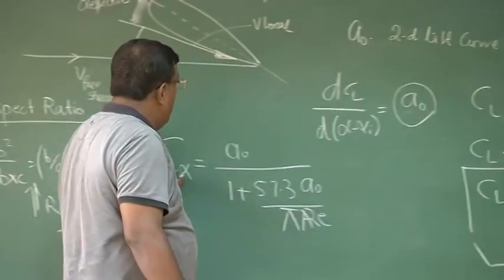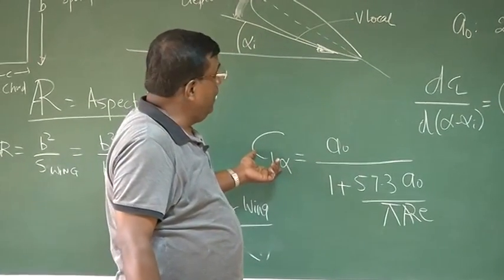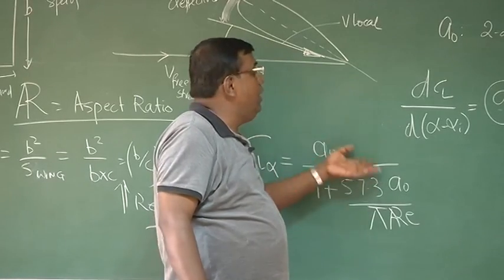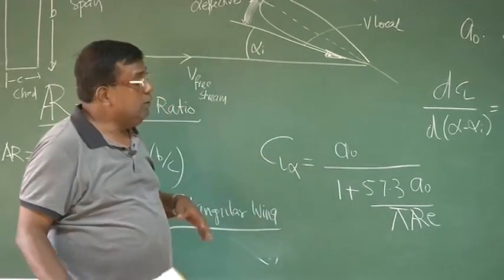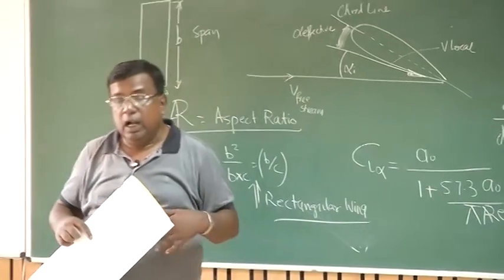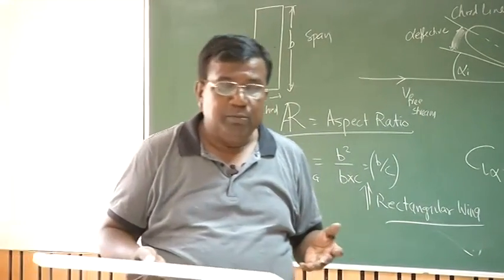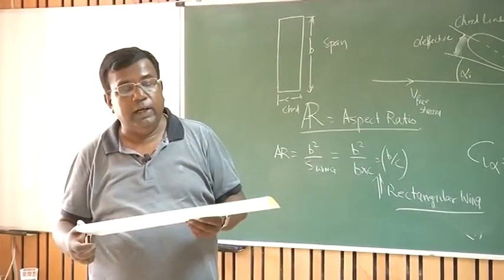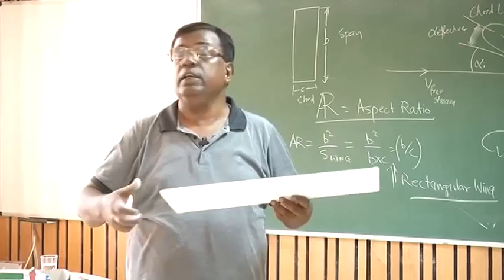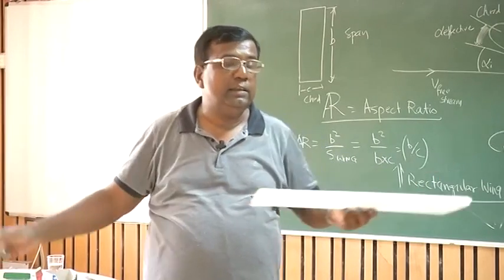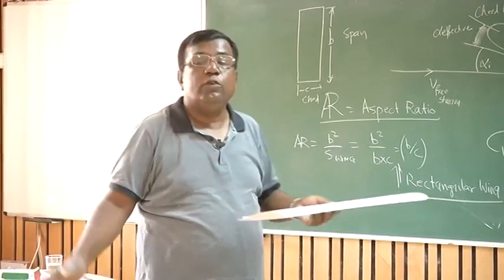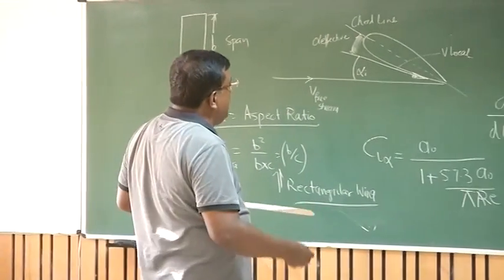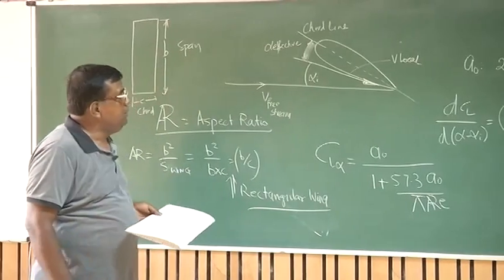Or coming here, the CL alpha of the whole wing will be the same as the CL alpha of the aerofoil. That is, it will now behave like a 2D. So if you want to get larger CL alpha, it is better to have larger aspect ratio. But there is a problem with larger aspect ratio. One of the problems is, if it is a very large aspect ratio wing, how do you balance the weight of the wing? And there are other issues that will come as we progress, you'll understand.